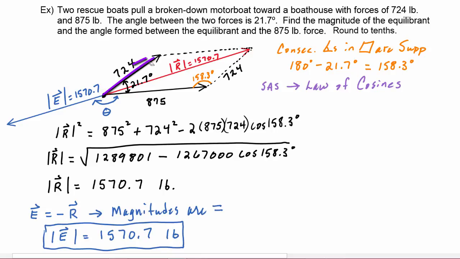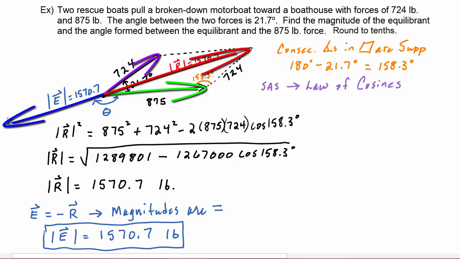And if one of the rescue boats is pulling in this direction with a force of 724, and the other rescue boat is pulling in this direction with a force of 875, the broken down boat would travel along the path of the resultant. Now, if we wanted to counteract that, then we would have to have, say, a third boat pulling in this direction, the direction of the equilibrant, with a force of 1,570.7 pounds.